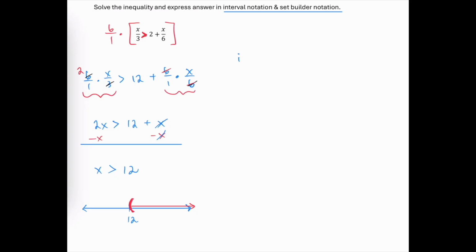The interval notation is going to look very much like the graph on a number line. We start with the smallest value and we finish with the largest value in the solution set. We do not include the 12, so we're going to write a parenthesis around the 12, and we never include infinity, so again a parenthesis around that. So this is our solution written in interval notation.